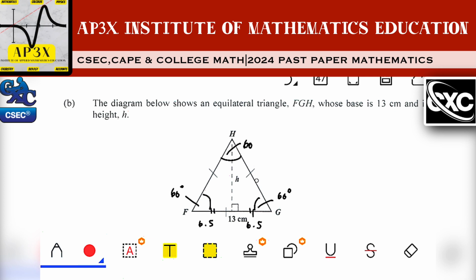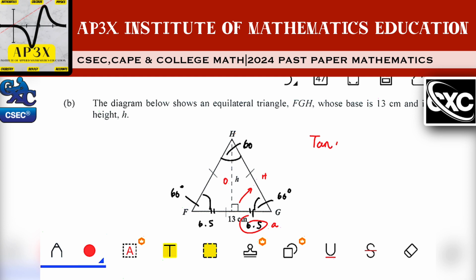But what we do here is that we go ahead then and we name our sides. So since given to us here is the 60 degree, then h becomes our opposite side. Of course, we know that the 90 degree faces the hypotenuse, and this 6.5 down here is now our adjacent. So given the adjacent here 6.5 and we're asked to find the opposite, then it looks like we're going to be using the tan ratio.